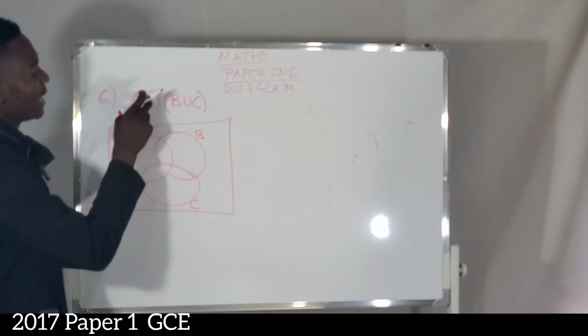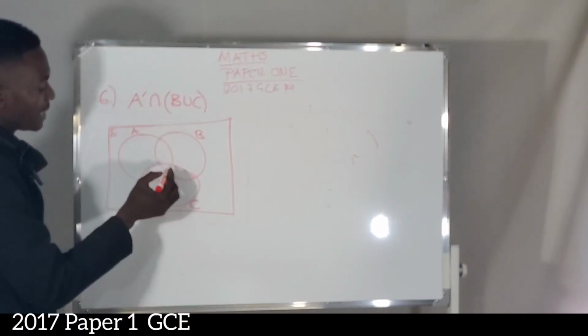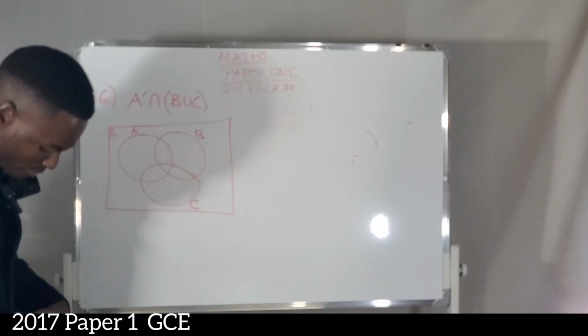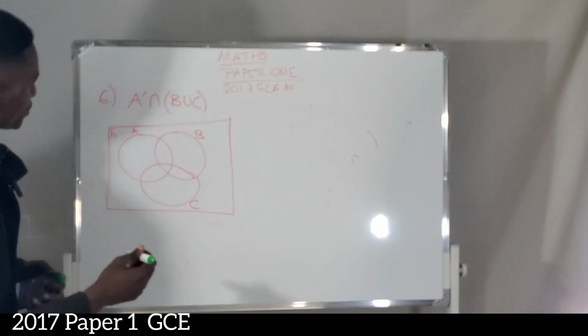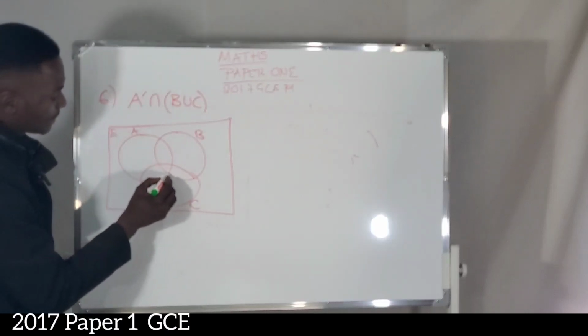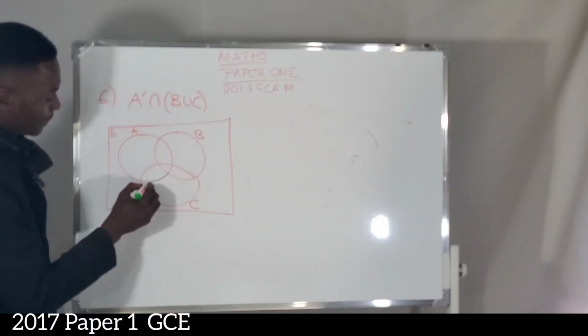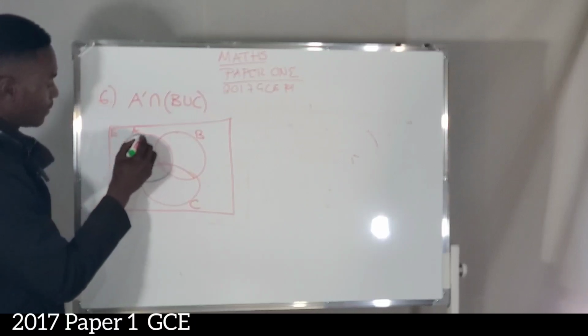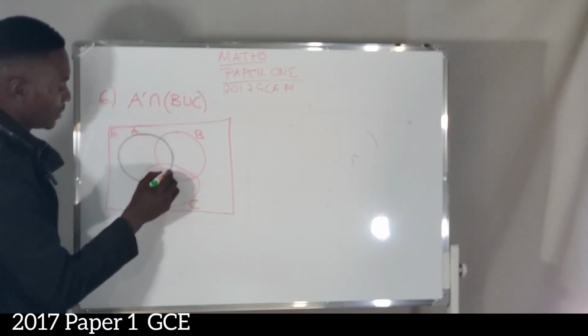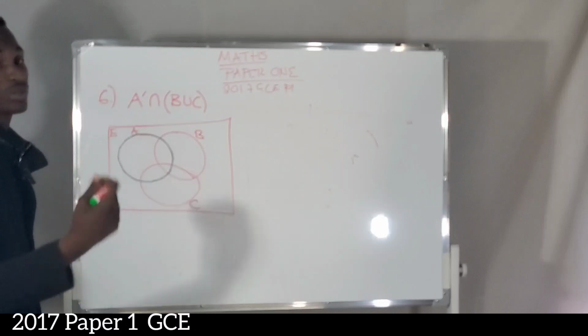The key is a set which has a complement. Okay, so set A has a complement, meaning we are not going to shade. Let me use a different color here. We are not going to shade this anywhere in this line. That's the meaning of complement. It means excluding.